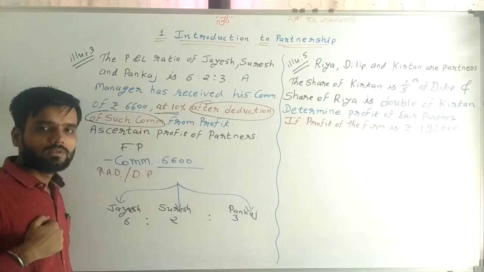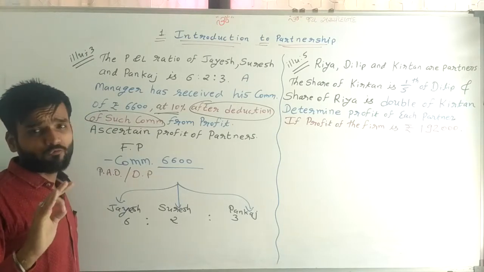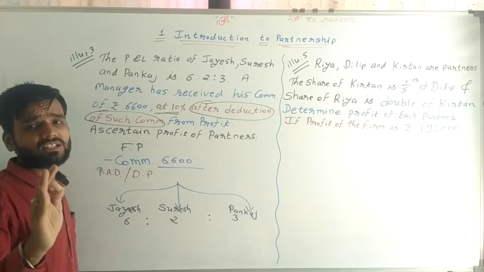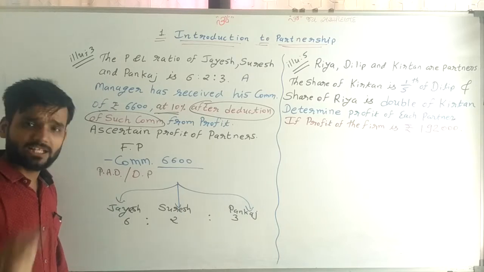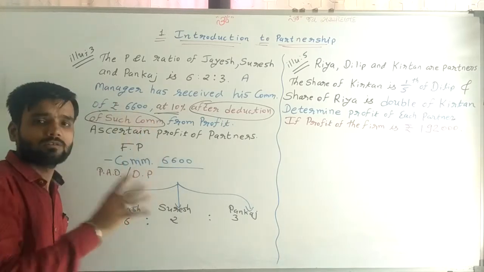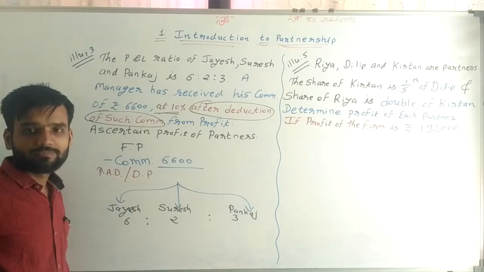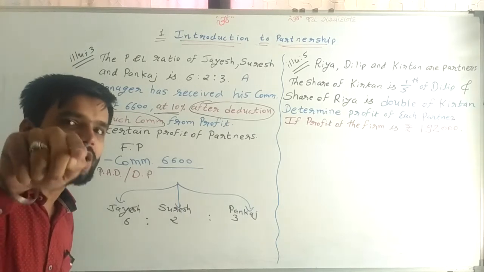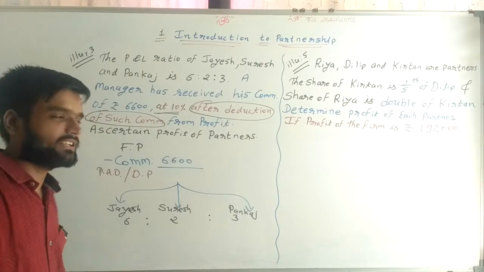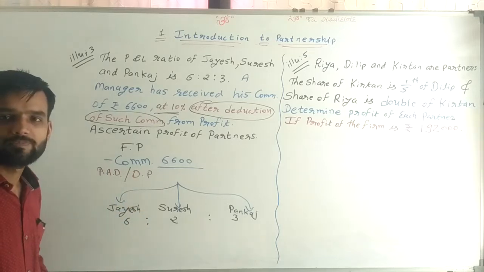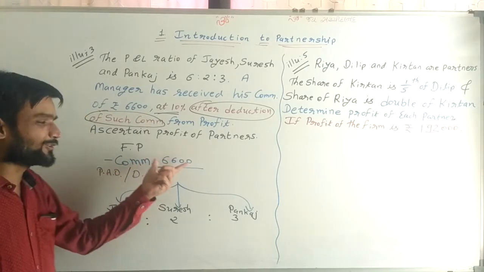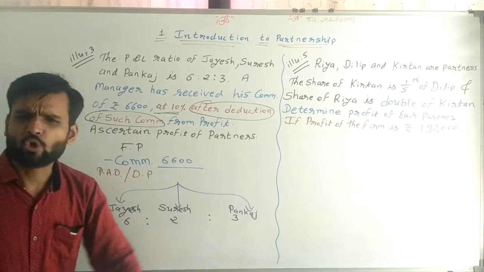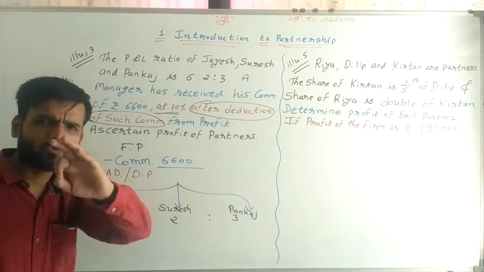Divisible profit. Now sir, there is no formula to find divisible profit. There is no formula to find firm profit. But there is a formula to find commission. But commission is already given to you. So don't worry.